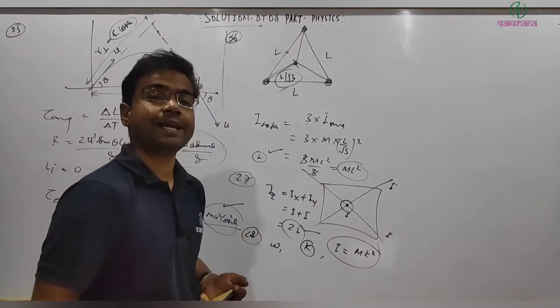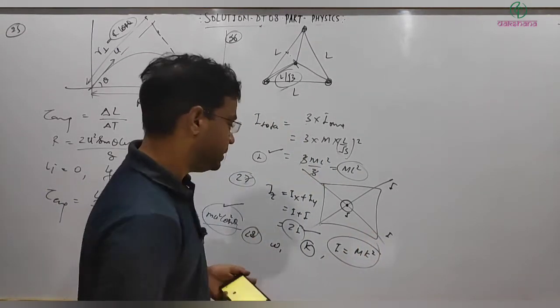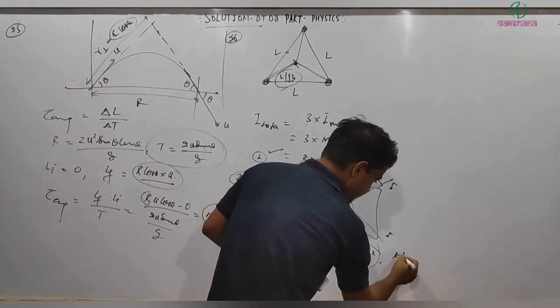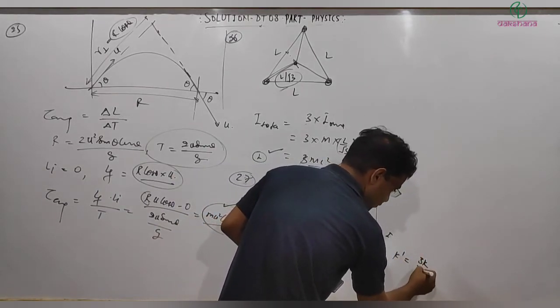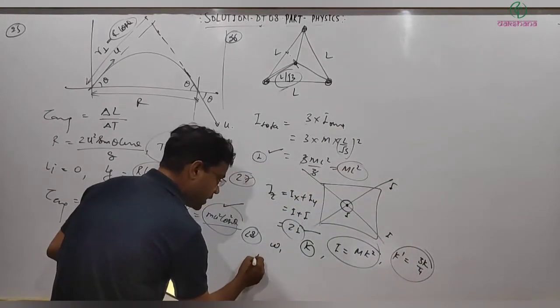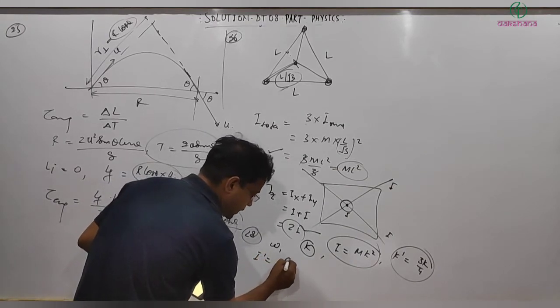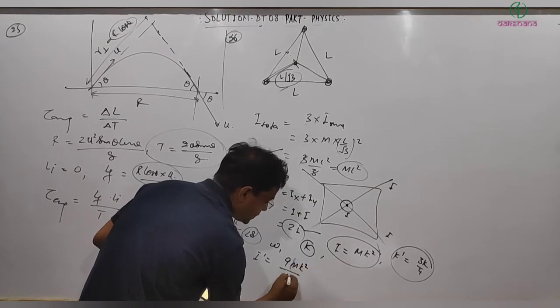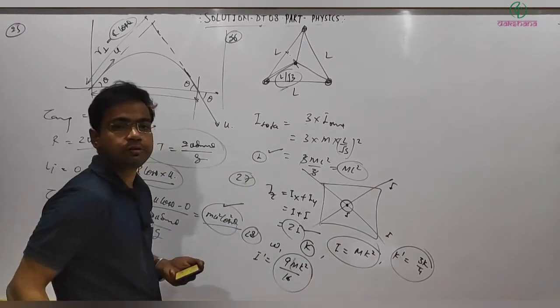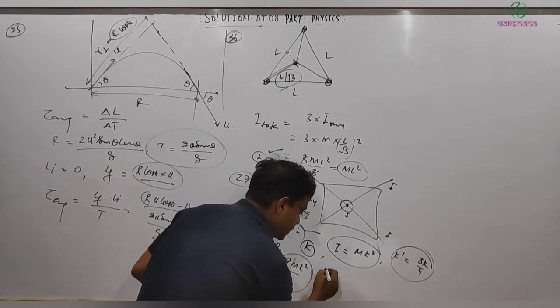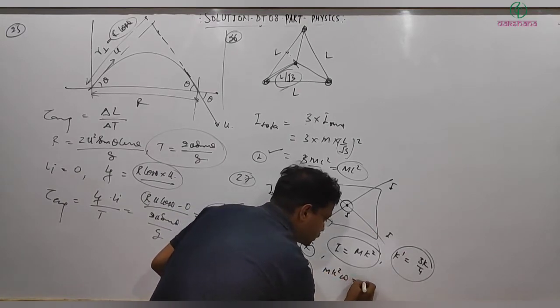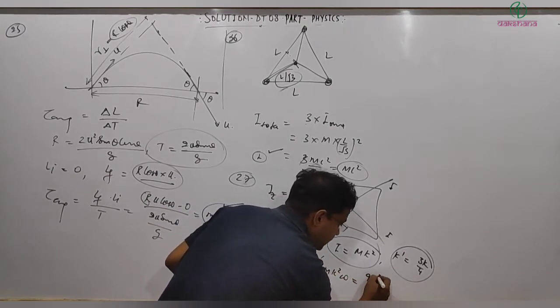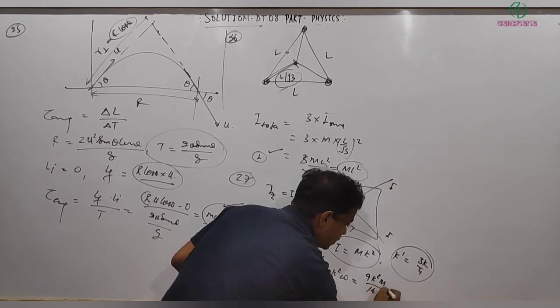Now radius of gyration decreases by 1/4 means you can write k prime is equal to 3k by 4. So that means your I prime will be equal to how much? 9 m k square by 16. Then by conservation of angular momentum, I can write m k square into omega should be equal to 9 k square m by 16 into omega prime.